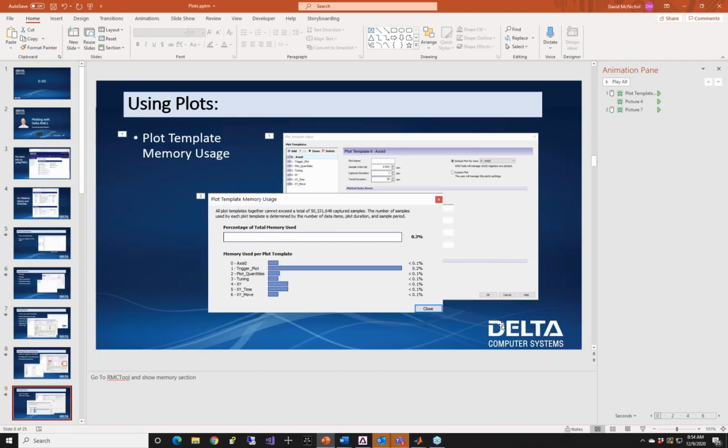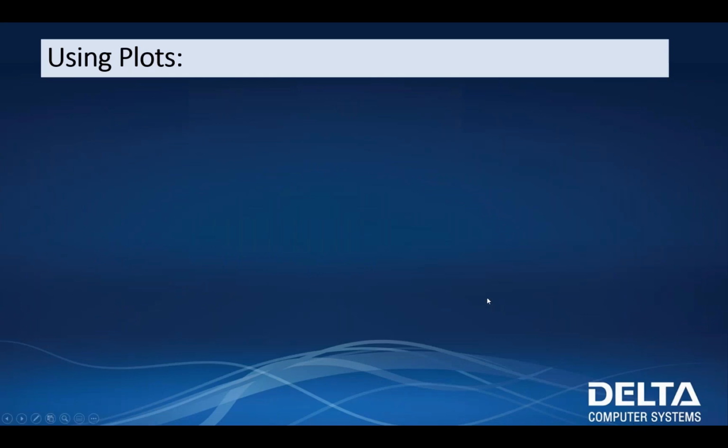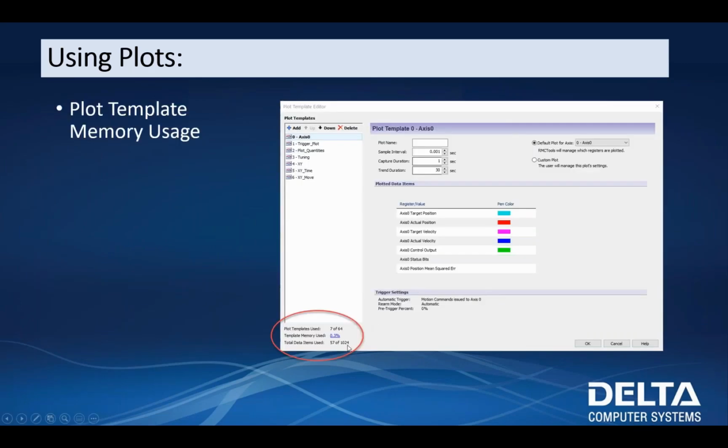One other thing to note here, each RMC has a plot template memory usage item here. If you have a lot of plots with items that you want to capture, and perhaps they're very long plots, you'll see that the memory is going to start to fill up.